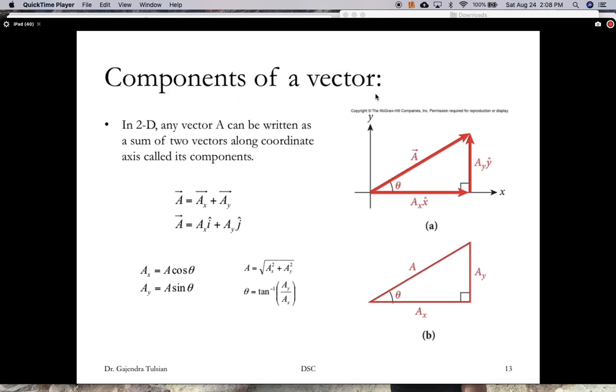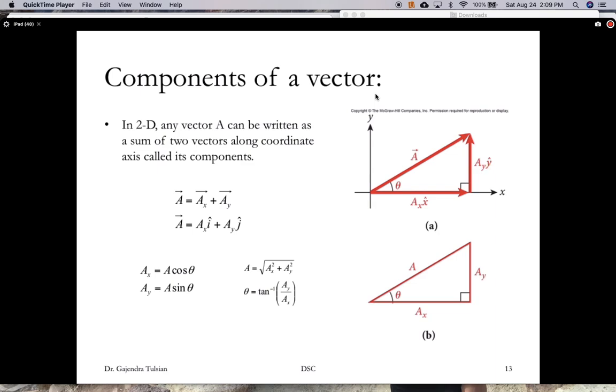Here is a vector A that's written as the sum of a vector along the x-axis plus a vector along the y-axis. And this vector along the x-axis is a scalar, some number, times the unit vector along the x-axis. And this vector along the y-axis is a number times the unit vector along the y-axis.